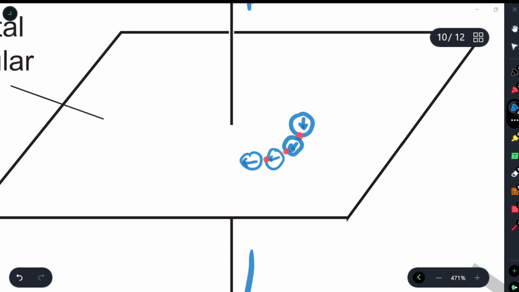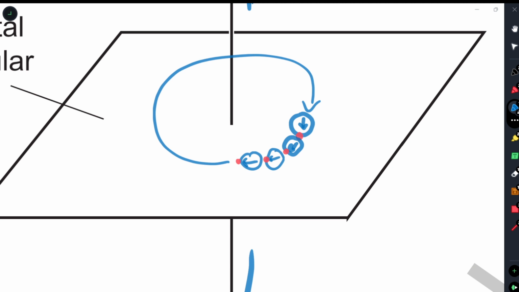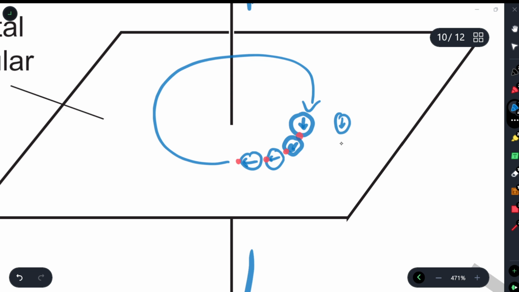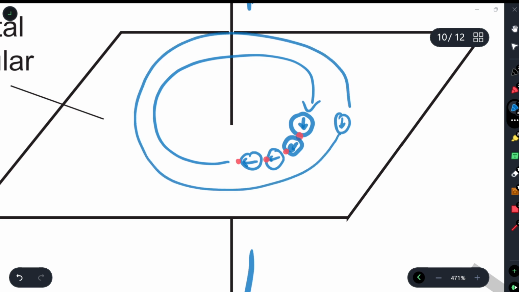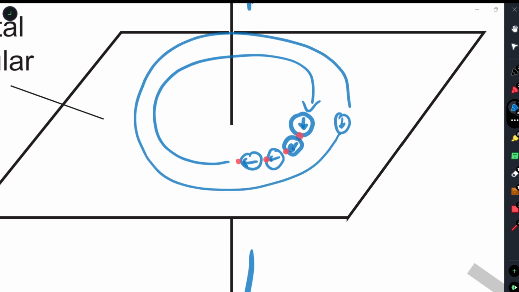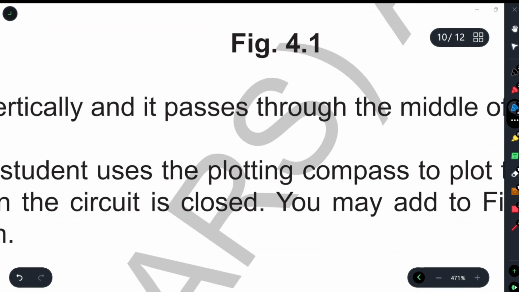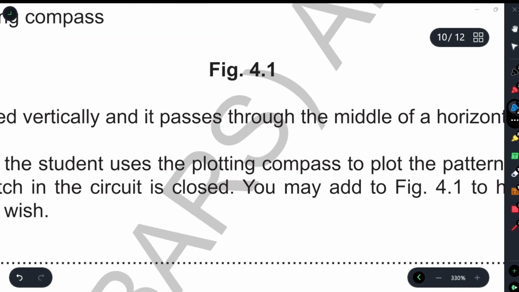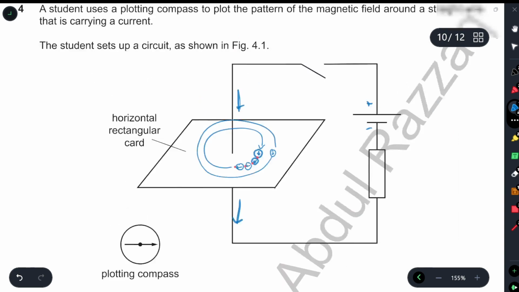And you're going to keep following or doing this, so ये चलता रहेगा और वापस से आपको यहाँ पे लेकर आ जाएगा. So hence you're going to form a circle. फिर हम next compass को जो है वो यहाँ पे रखेंगे and then it's going to make you fall into another circle, and that's why we get essentially concentric circles. ठीक है.